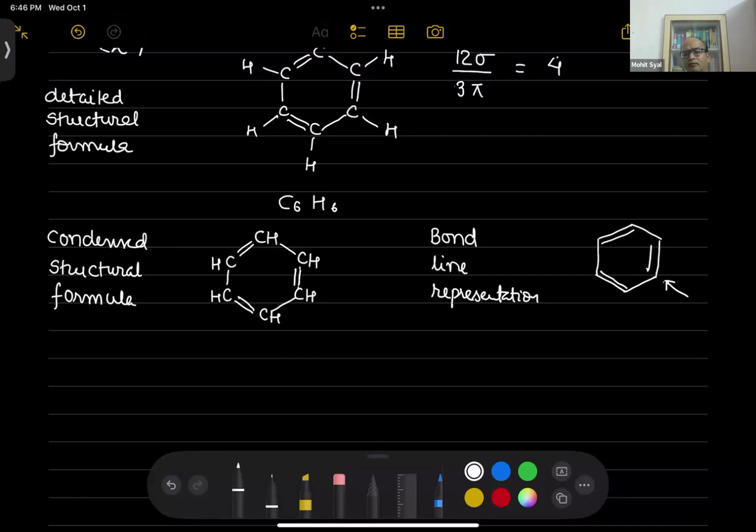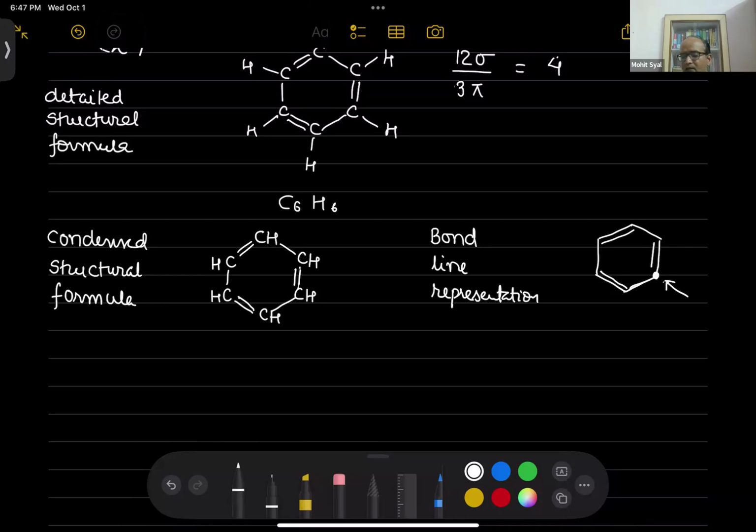I'm talking about only this carbon. Three lines are visible to you. Okay, 3. Got it? Why 3? Because this is the double bond, and this is a single bond. Okay, clear?